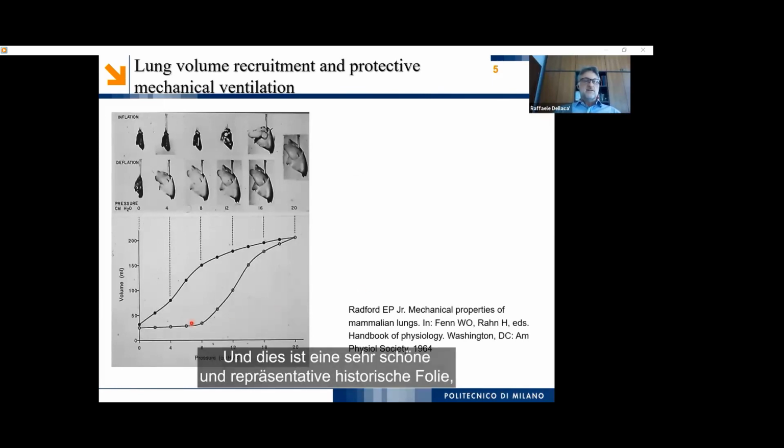And this is a very nice and representative historical slide that shows how the lung can be recruited by changing pressure. In the upper panel of this figure, you can see the pictures taken on an excised mammal lung that was completely deflated by applying zero pressure.